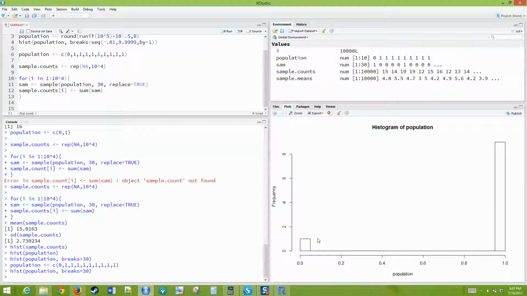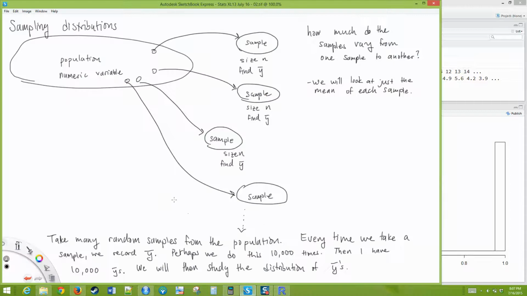But the binomial is when you do it multiple times and count how many times you got the yes. But anyway, we're going back to just the idea of looking at the sample means when we're talking about sampling distributions here.